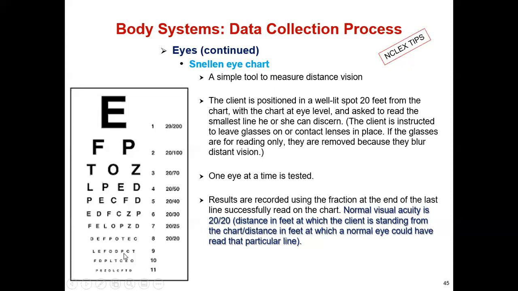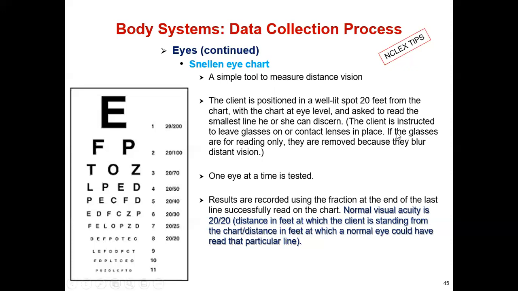If they do not, then tell this line: D, E, F, P, O, T, E, and C. So if your patient can read it from 20 feet distance, we call it 20/20 vision.